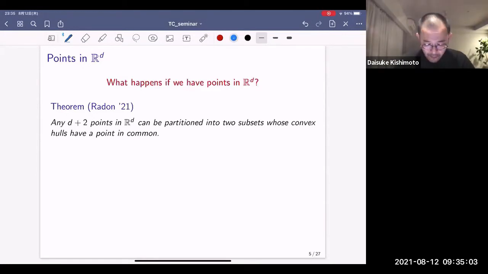And of course, there are some answers to these questions. And the first one is due to Radon, which states that if you have d plus 2 points in R^d, then you can divide them into 2 subsets whose convex hulls have a point in common.